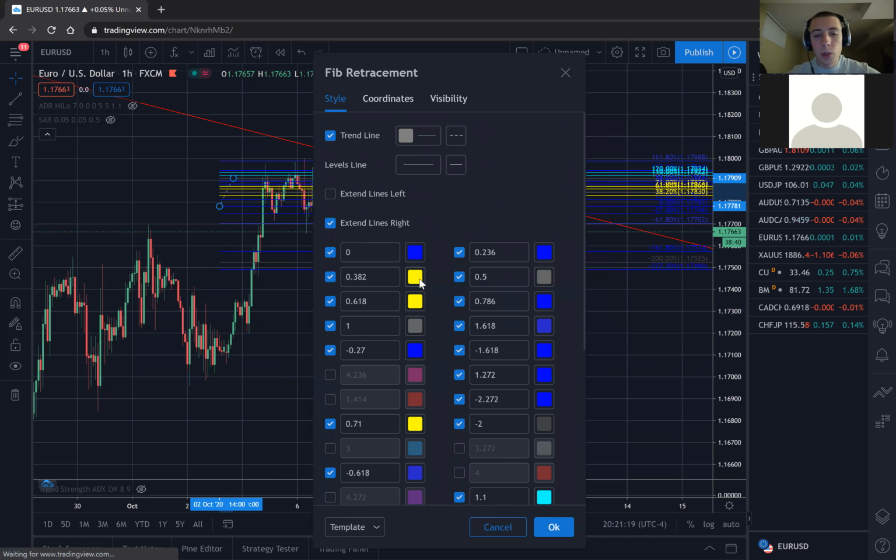So 38.2 is like a very, very quick retrace. So it'll hit it and kind of sell off, or quick buy push. The 61.8 percent retrace is more of a slower retrace. So, you know, pick your poison. I typically try to go 38.2, and that's how I kind of lay it out. But there's that. So there's the fib portion.